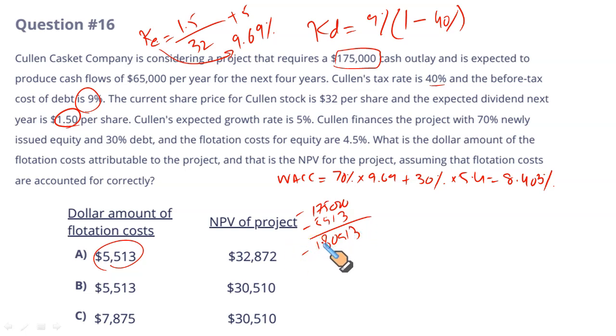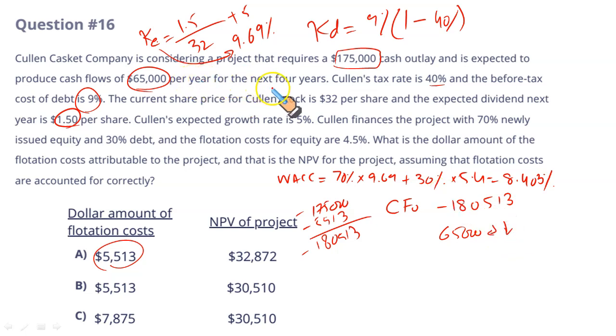You need to calculate NPV. You will use your financial calculator. I will just lay down the keys that you will punch and get your NPV. So first you will write cash flow zero, that is negative 180,513. Then you have these $65,000 inflows every year for the next 4 years. So you will punch in 65,000, enter, down arrow key.